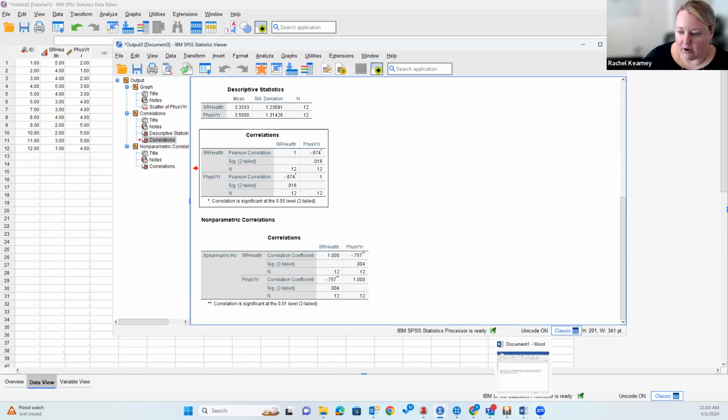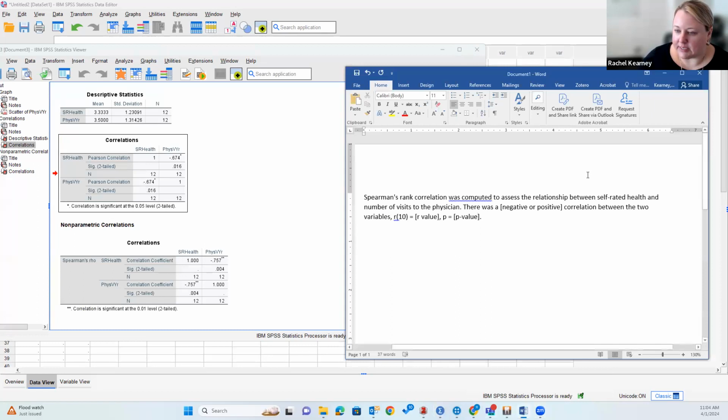Let me share with you how you might write up the answer to this, or put it into a report. Let's say we're talking about the Spearman. Spearman's rank correlation was computed to assess the relationship between self-rated health and the number of visits to the physician. There was a, and it's either negative or positive, so for this one it was a negative correlation between the two variables.